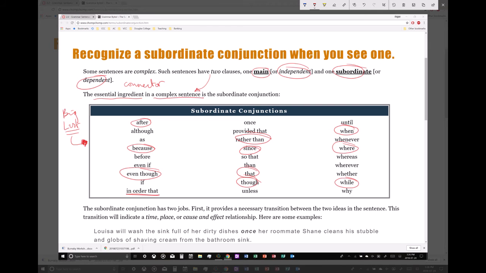Okay, some of these you haven't used, whereas you haven't used that one, in order that you haven't used, if you haven't used, unless, whenever, wherever, whether, why, once, so that. I've seen you guys use then, before, I think you used this, even if, as, and although.